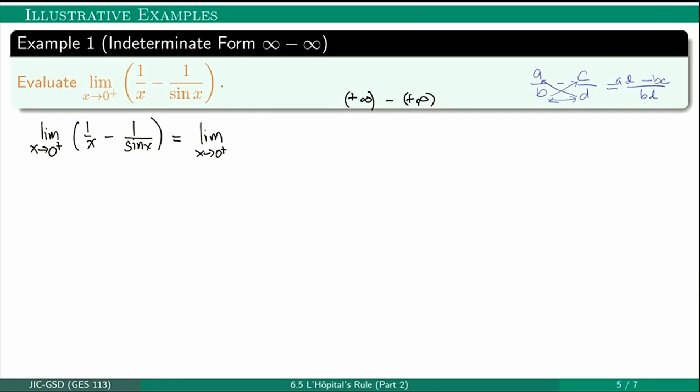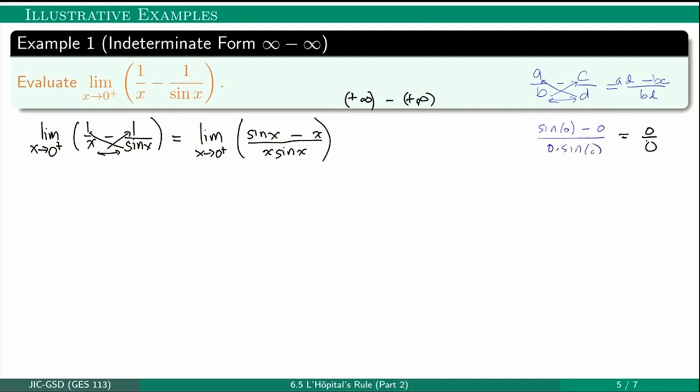So in here we have sine x times 1, which is sine x, minus x times 1, which is x, divided by x times sine x, which is x sine x. Let's evaluate now this limit. If I do direct substitution, this gives me sine 0 minus 0 over 0 times sine of 0, and this is actually 0 over 0.